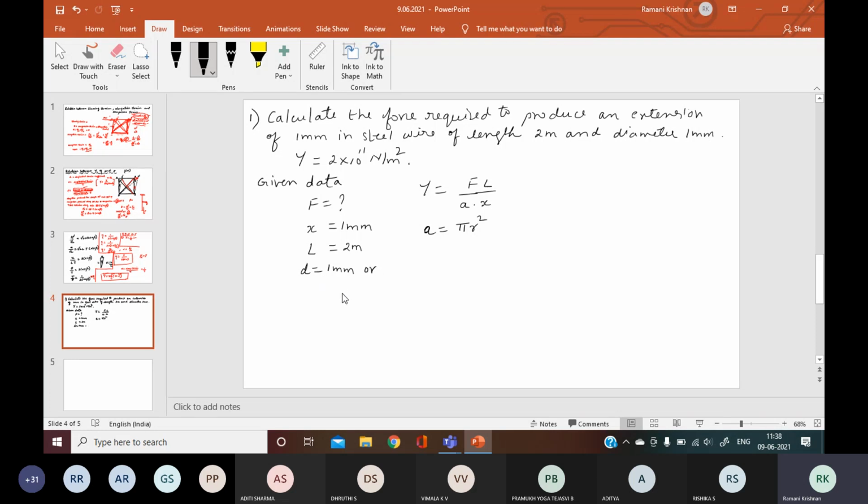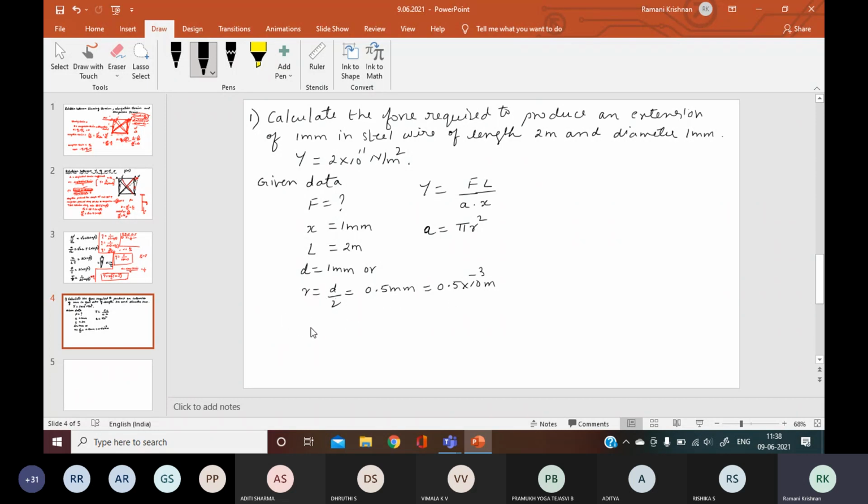Radius equals d by 2, which is 0.5 millimeter, equal to 0.5 into 10 power minus 3 meters. Converting millimeters to meters. This is the given data you should write. Diameter is given, don't substitute directly; r equals d by 2, 0.5 millimeter.